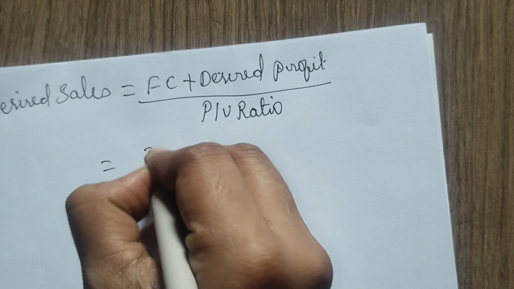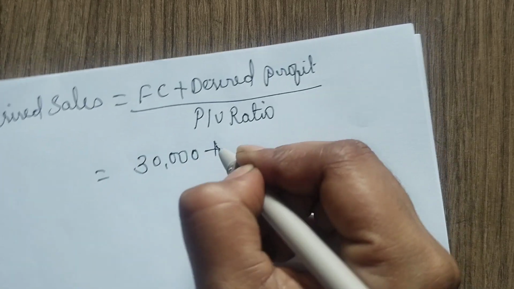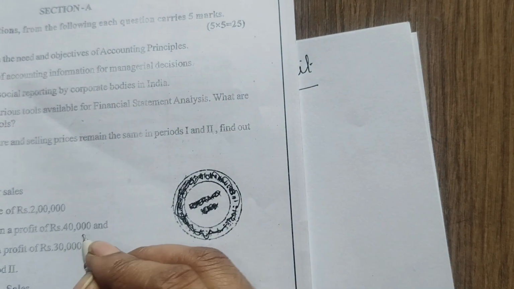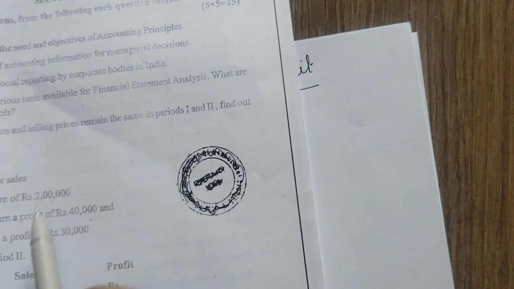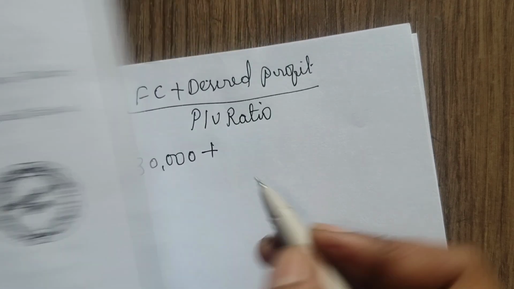Fixed cost is how much? 30,000. Desired profit is given, that is 40,000. The profit when sales are rupees 2 lakh we will find out later. First we are finding the sales required to earn a profit of 40,000.